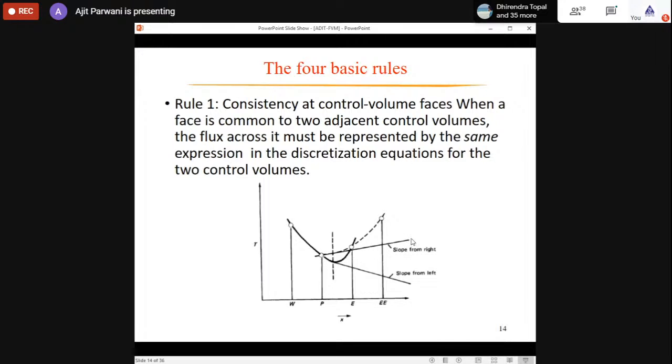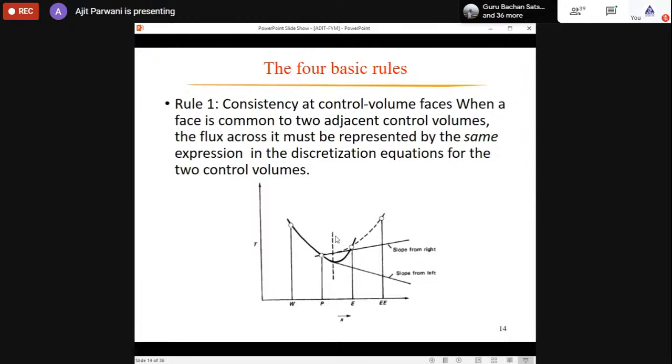If there are 2 temperature gradients, it means the flux that passes from P to E will not be equal to the flux that comes out to E. So the energy equation will not be satisfied.